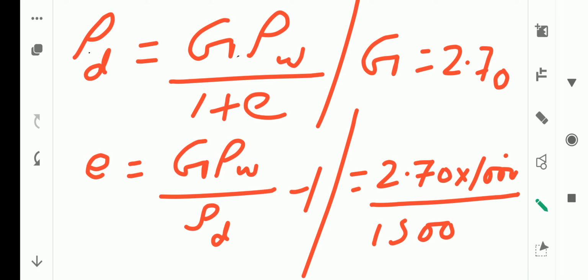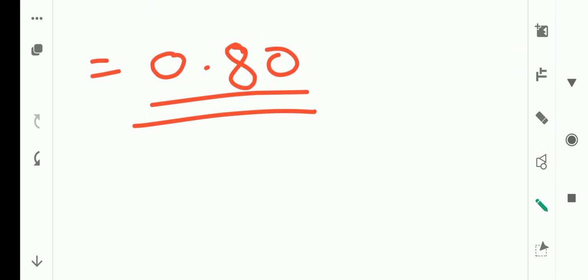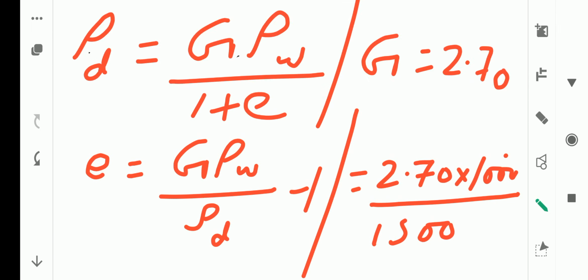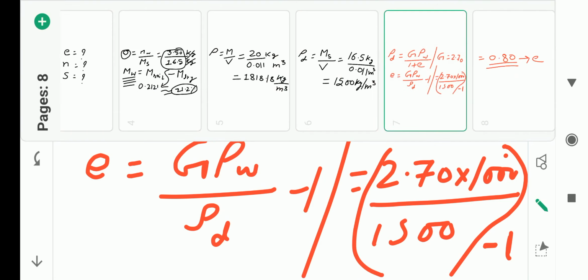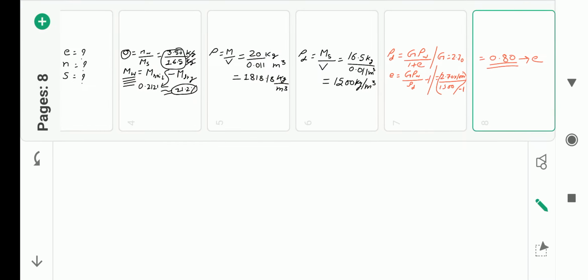G is unitless. And then minus 1 is equal to 0.80. This is the value of E that we are getting. After you calculate it, you will get the value 0.80 as E.